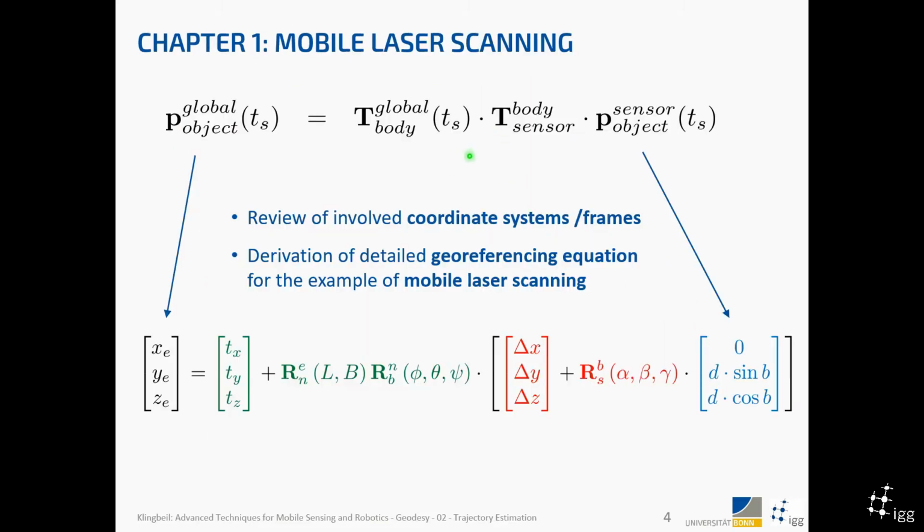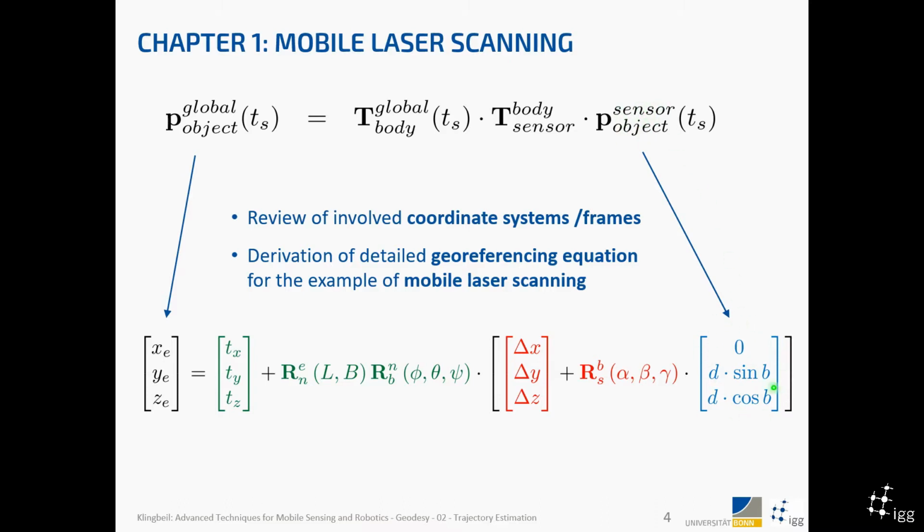In the last lecture, we explicitly derived the georeferencing equation, which creates coordinates of objects that are observed in the local sensor coordinate system. In this example, it was for mobile laser scanning. So we measure with our mobile scanner, which is moving through the environment.